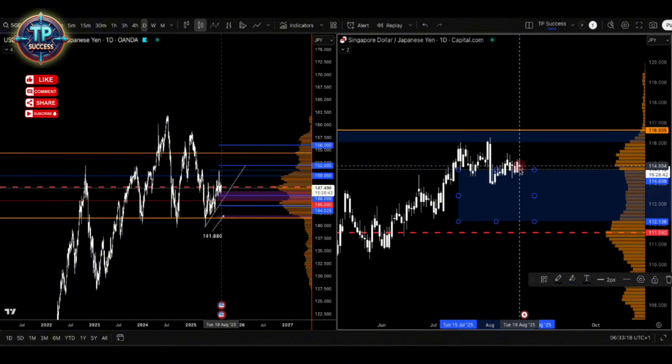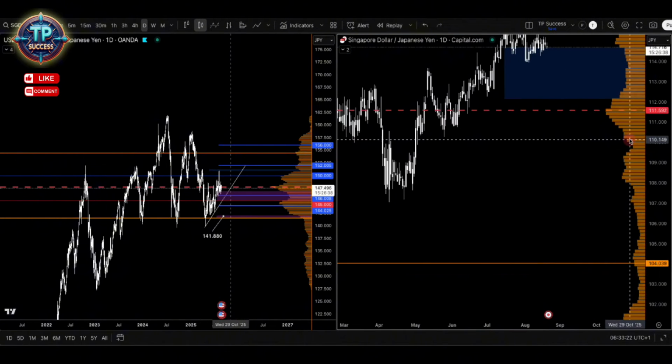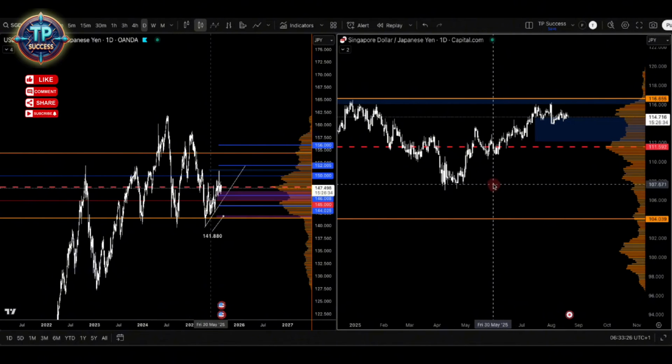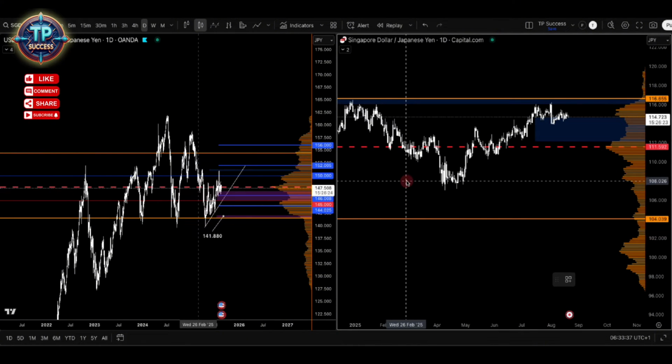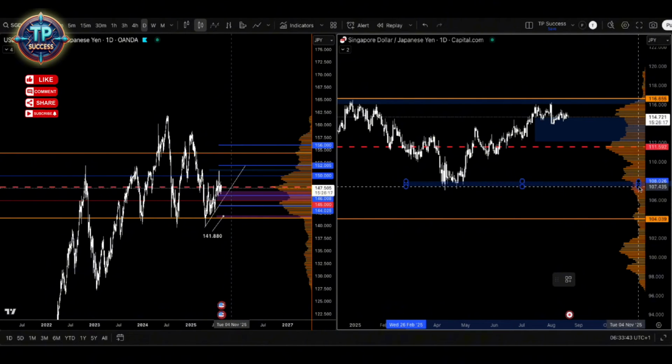Or it's going to break all the way down and make its way down to say 108.026, and this is a natural support level because of the low volume node sitting in that area.